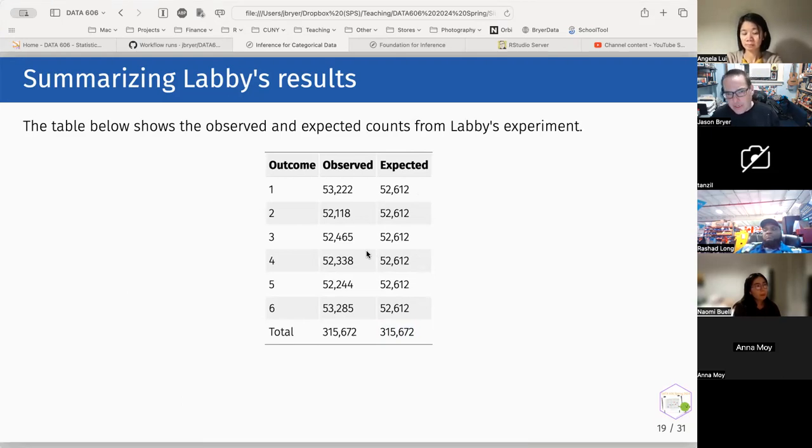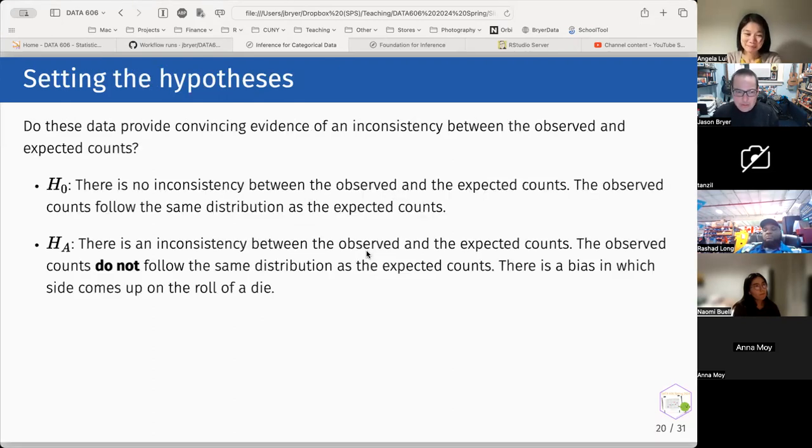If I got 55 heads and 45 tails, I'm not going to immediately scream that there's something wrong with my coin. But if I got 80 heads and 20 tails, probably something is wrong with the coin. So we're trying to figure out where between 50-50 and 80-20 we say that's the threshold. That's what we're doing here.